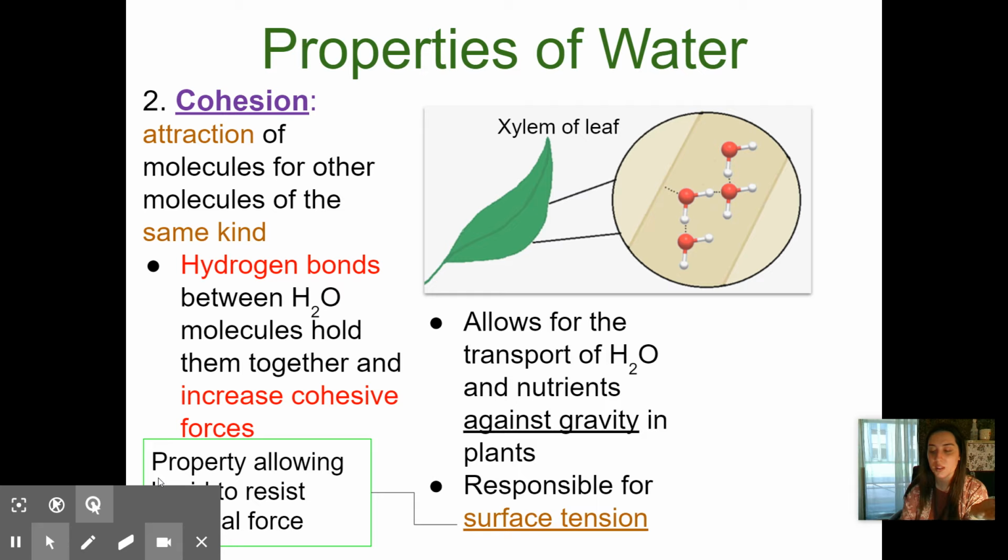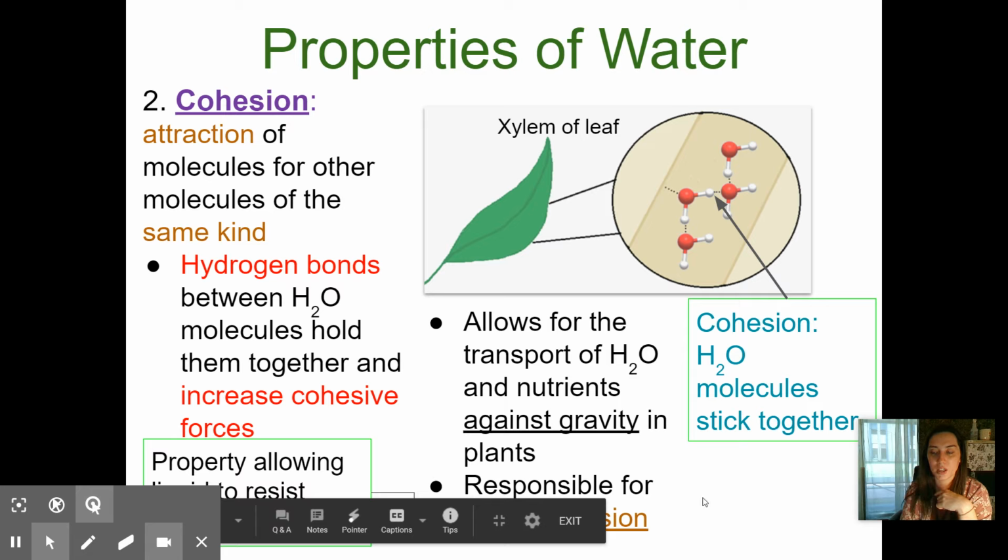So because of this, since the hydrogen bonds are so strong between the water molecules on the surface of any body of water, there's something called surface tension, where there's a thin little barrier on which small things can sit. So you can drop maybe a paper clip or something in a cup of water, and it's not going to immediately sink until you break that little barrier, and then it might sink.